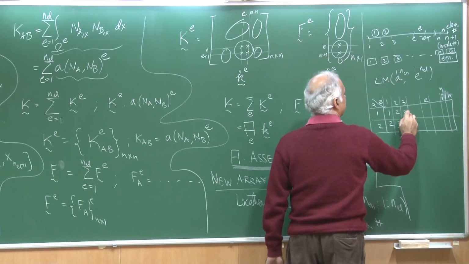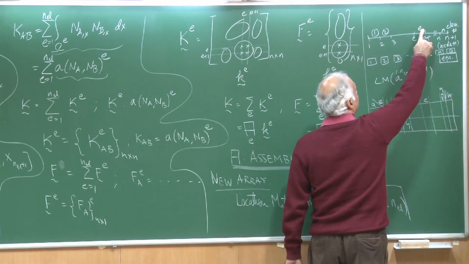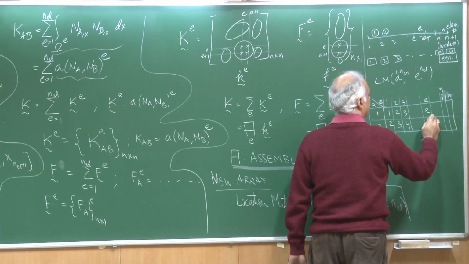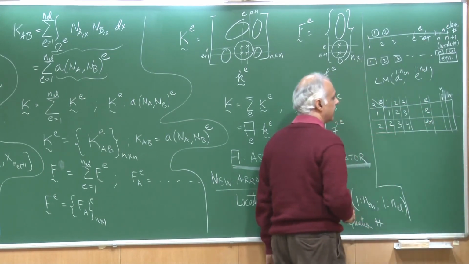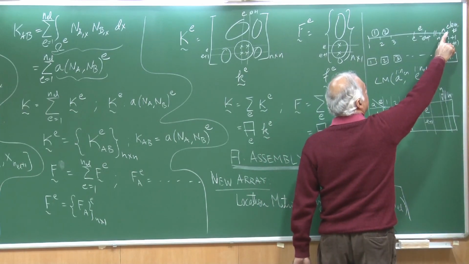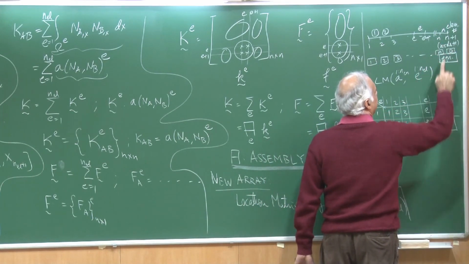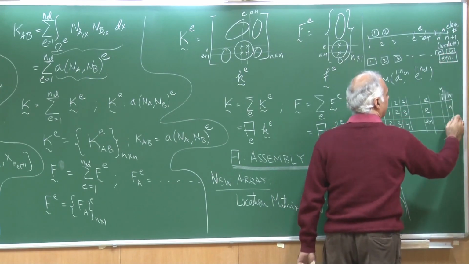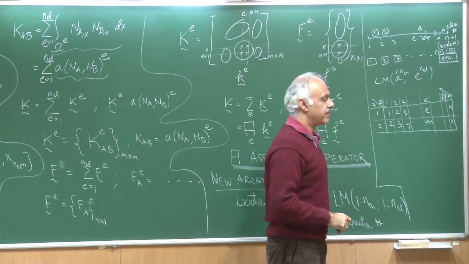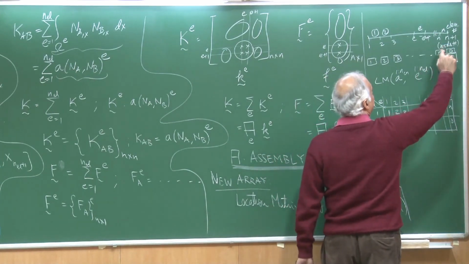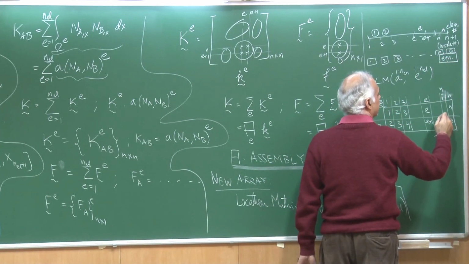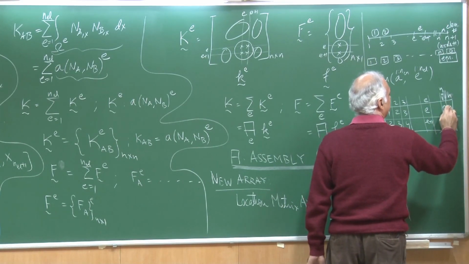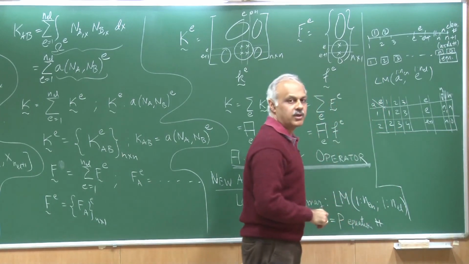For element 3, these would be 3, 4. When I come to element E, the equation numbers are E and E plus 1. For the last element, the first node has equation number N, and the second node has equation number 0. Likewise, for the second last element, N minus 1, you will notice that this has equation number N minus 1 and this has N, and so on.